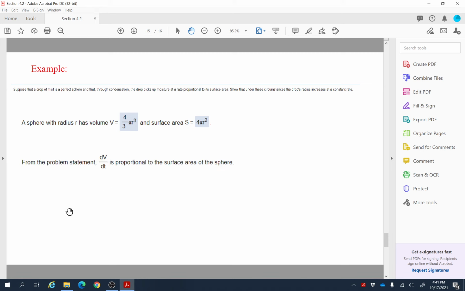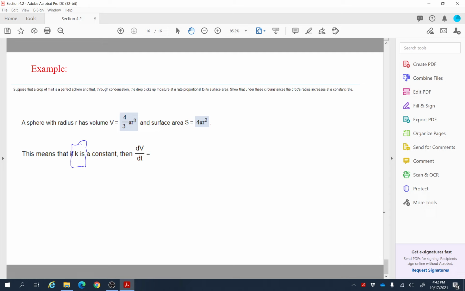Now the drop picks up moisture at a rate proportional to the surface area. This one is actually dV over dt. So from the problem statement, dV over dt, the rate of change of the volume, is proportional to the surface area of the sphere.